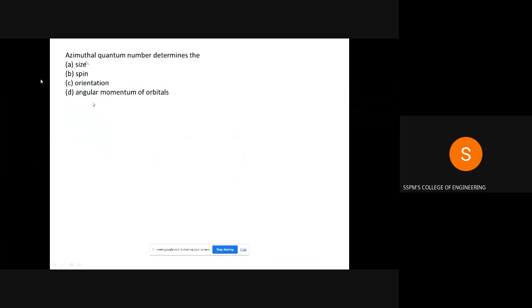So it does not depend on size, spin, or orientation. It gives the shape of the orbital. It describes the angular momentum of orbitals and their shape.